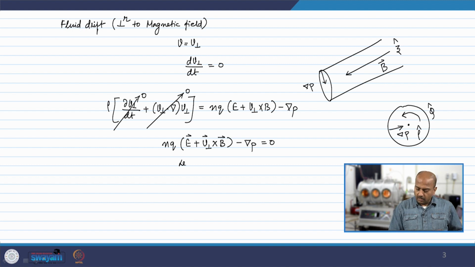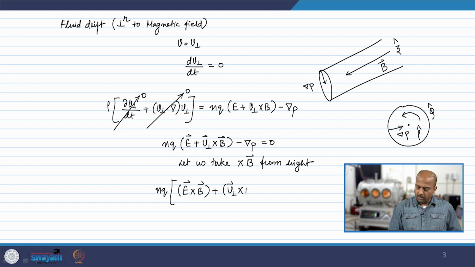Let us take the cross product with B from the right. Then we have n q times E cross B plus v perpendicular cross B cross B minus del P cross B is equal to 0.